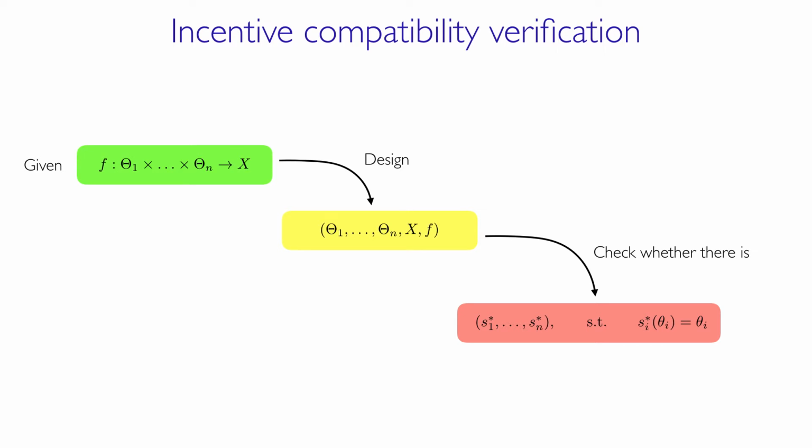The verification that a social choice function is incentive compatible is in principle easy. Given a social choice function, we need to design the corresponding direct revelation mechanism. And finally, we need to check whether reporting the true type is always the best the player can do.